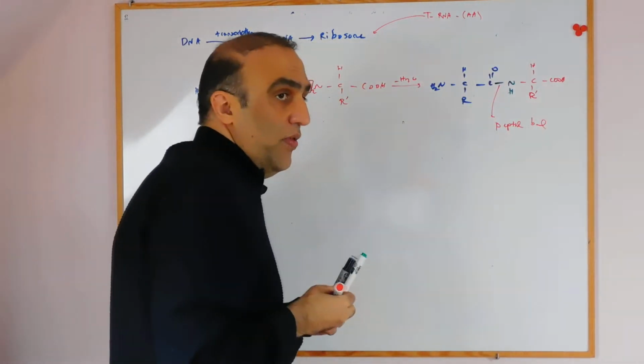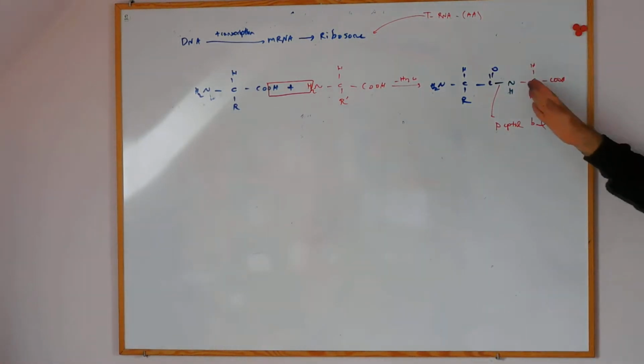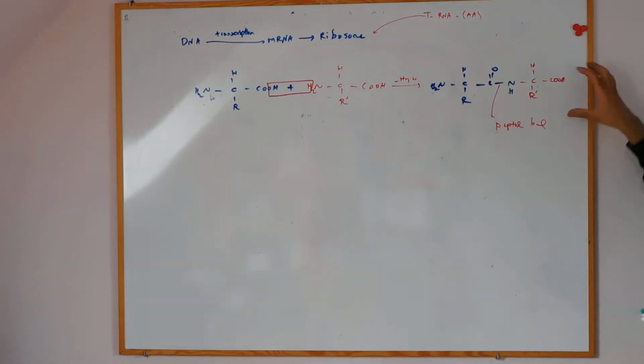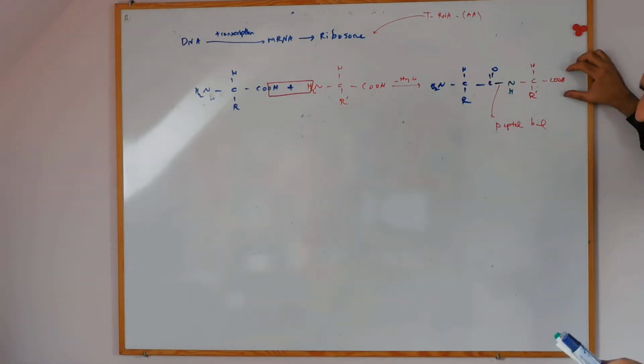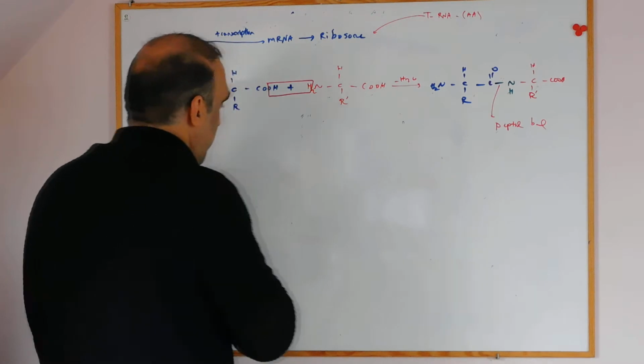This part, the peptide bond, is very important, and we can continue these groups from here, from the carboxylic acid part, and continue the structure. In this case, the structure will be like this.